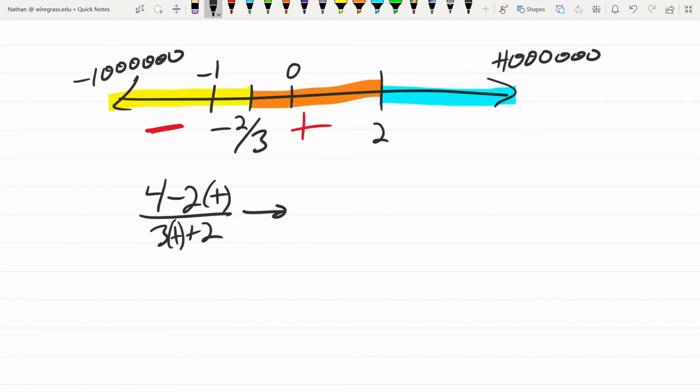And adding on some small positive number like 4 is going to make this whole top thing be negative. On bottom, we have 3 times a very large positive number is going to be positive, plus 2 is going to be positive again. And this gives us a negative. All right, that's negative.